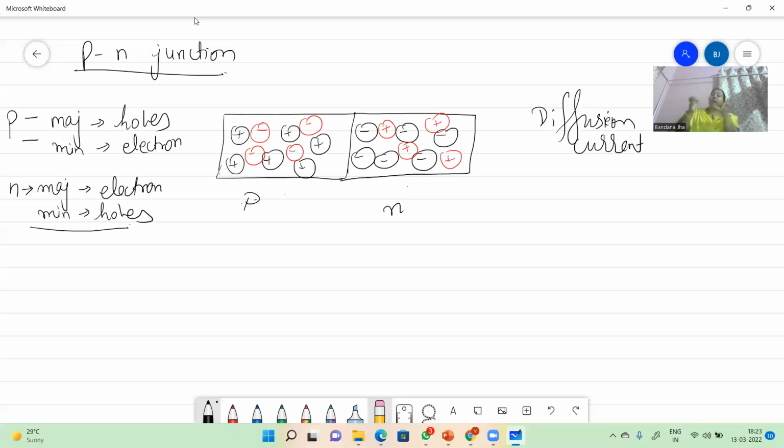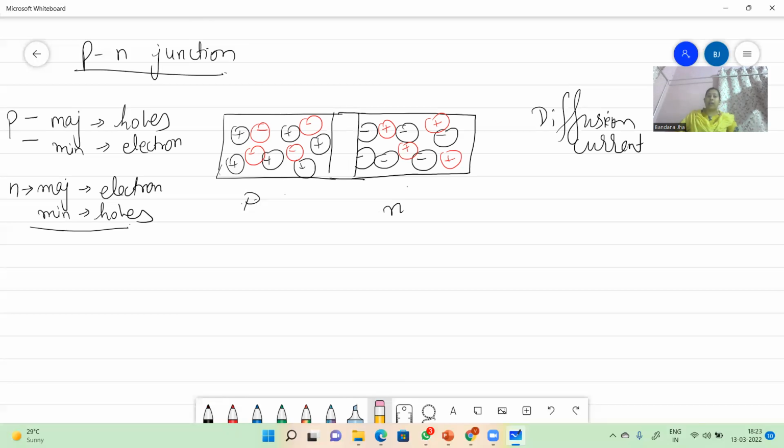Wherever there is a flow of current, there must be a potential difference. Correct? So when we make a junction between P and N, there is a flow of charge carriers.